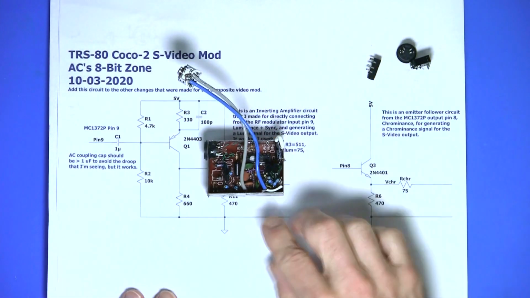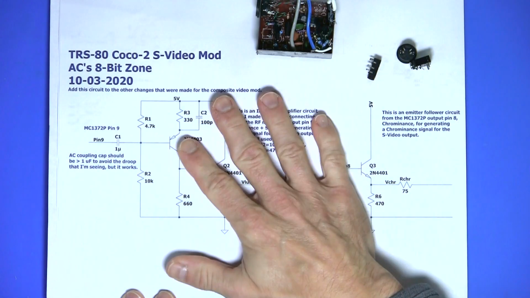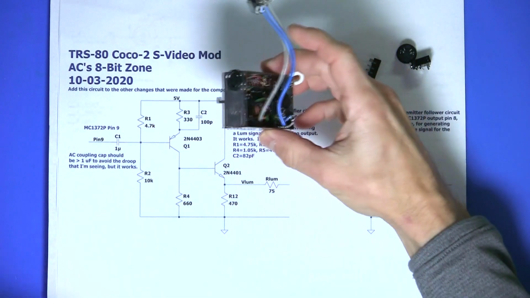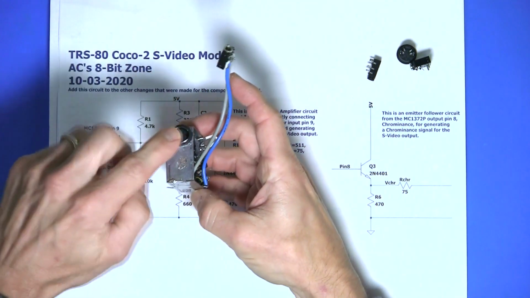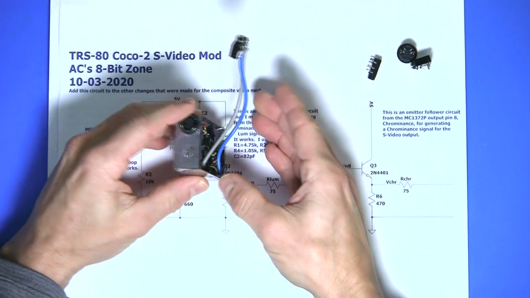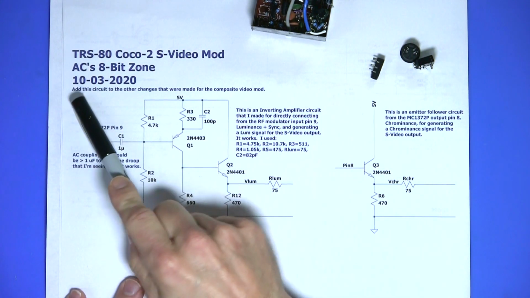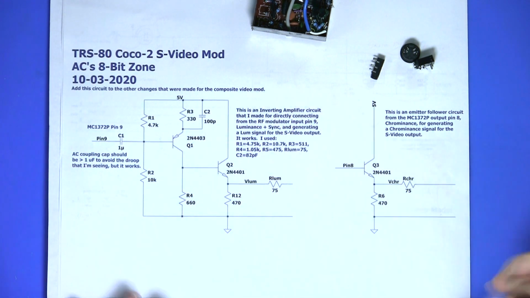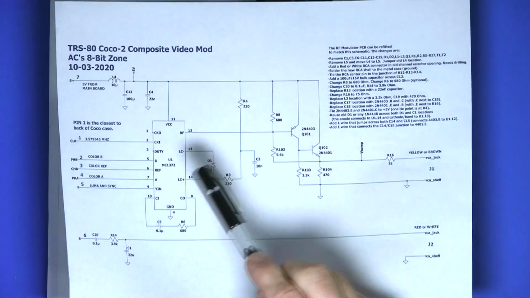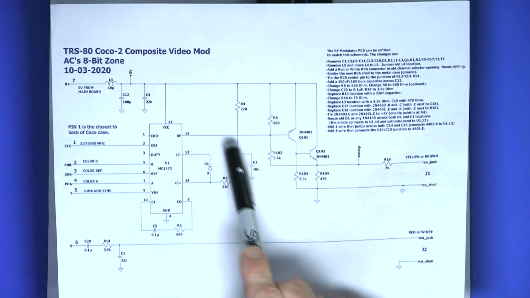Now on to the later model of RF modulator and the mod that I made on it for both composite output and S-Video output. So the note here is that you add this circuit to the other changes that were made for the composite video mod. So you still need the diode, you need all these changes.